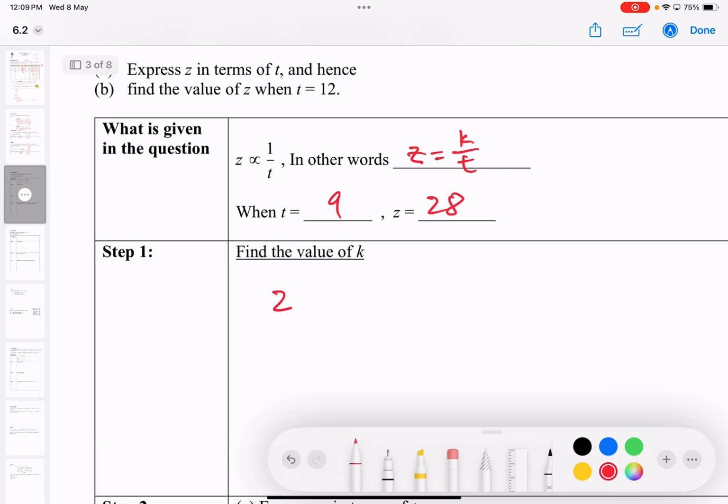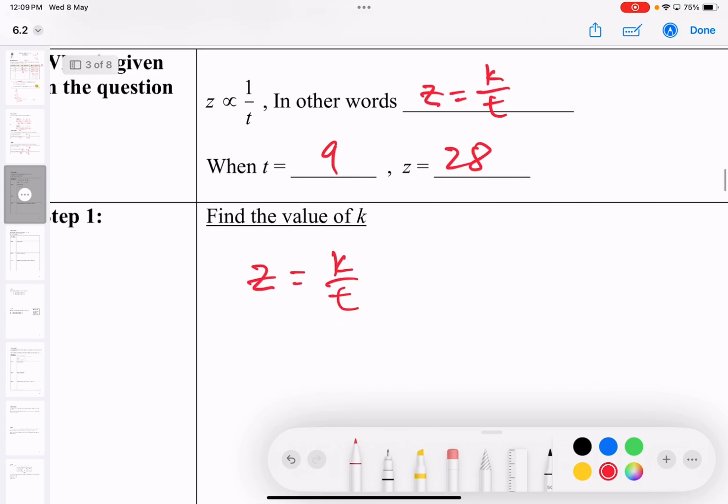What do I substitute my value of Z as? You read the top information first? 28. Okay, so I'm going to replace my Z with 28. My T is 9.